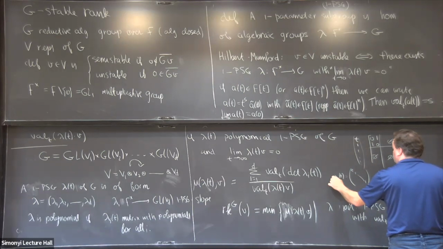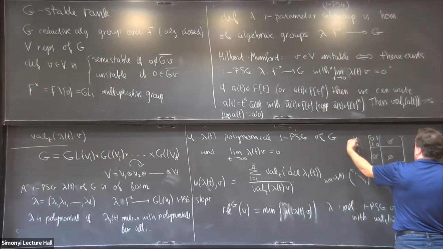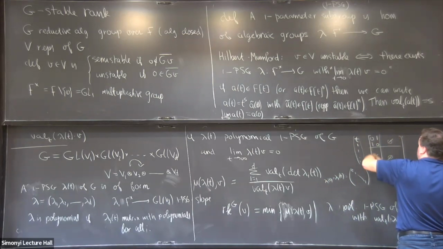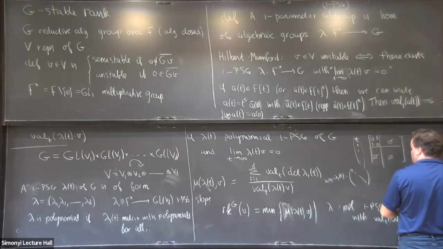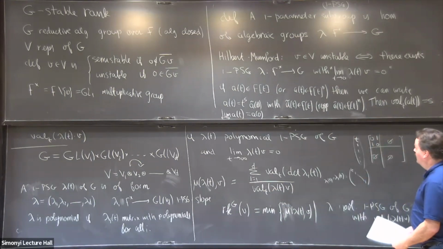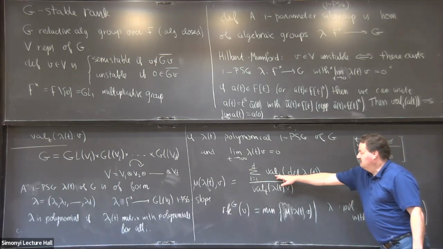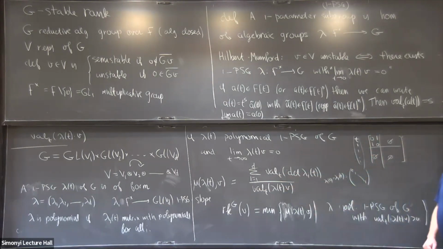And the same actually for lambda_2(t). And if you multiply this row with t and this column with t, then everything is multiplied by t. So this denominator would be 1. And then the determinant would be t, and so here would be 1 plus 1. And then that would be the optimal one parameter subgroup.